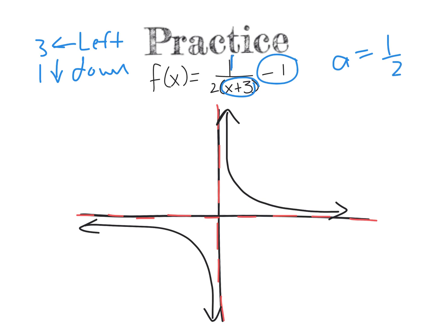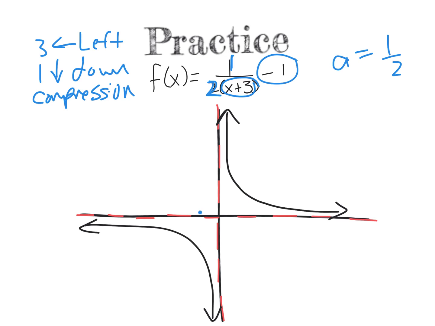Notice how we're dealing with a 1 and a 2 in the front. Now 1/2 means it's less than 1. If it's less than 1, we're dealing with a compression. Right? The stretch was further away from the asymptotes. The compression is going to get really close to the asymptotes. So let's draw this picture. So 3 units to the left.